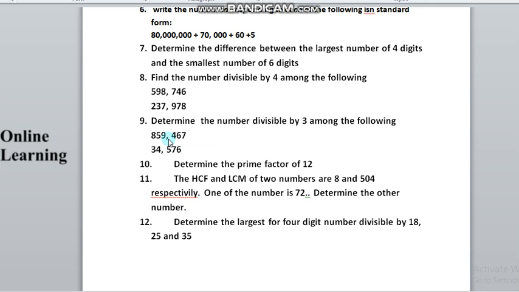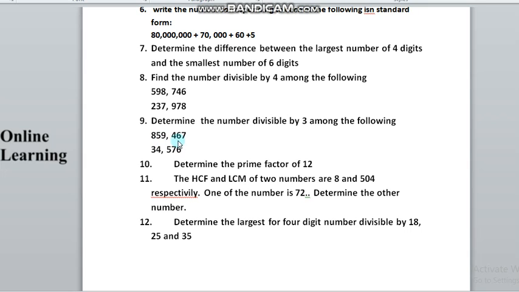We have 8 5 9. If we add these numbers, it will become 8 and 9 is 17, and 17 and 5 is 22. 22 is not divisible by 3, that means this number is not divisible by 3.